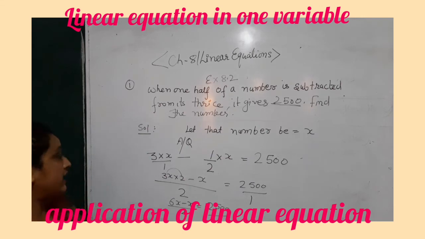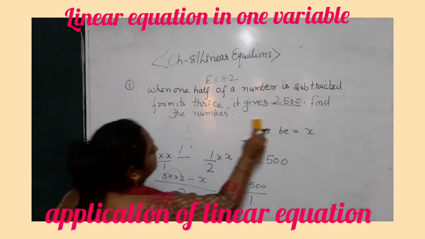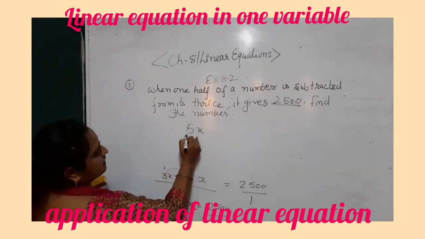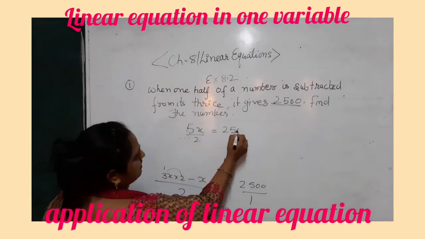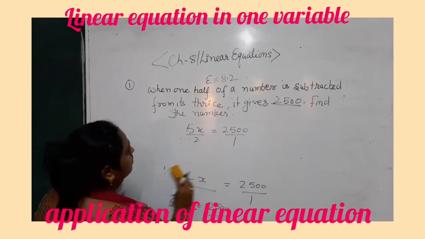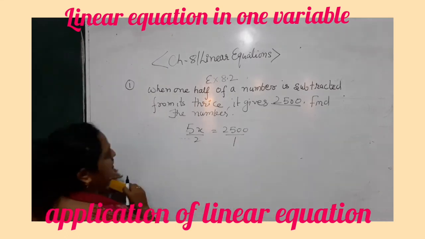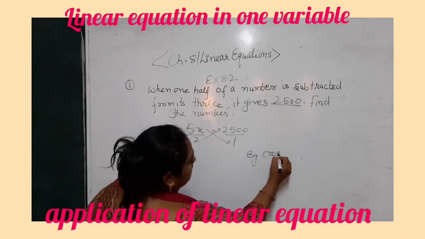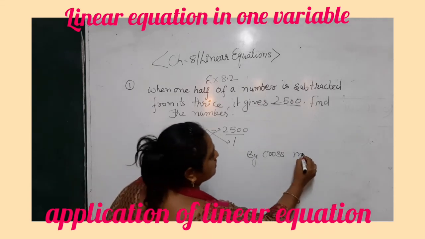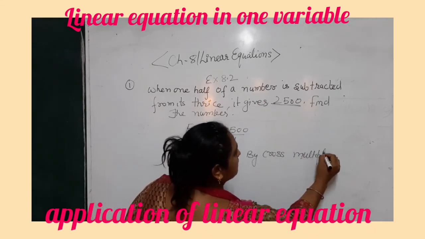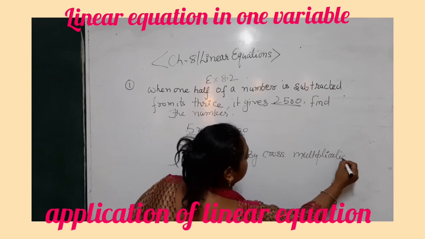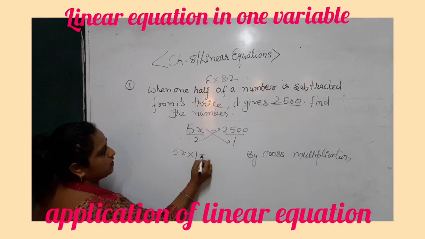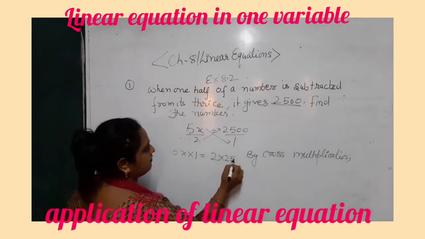What will we get here? 5x divided by 2 is equal to 2500. Now by cross multiplication, we will get 5x into 1 is equal to 2 into 2500.